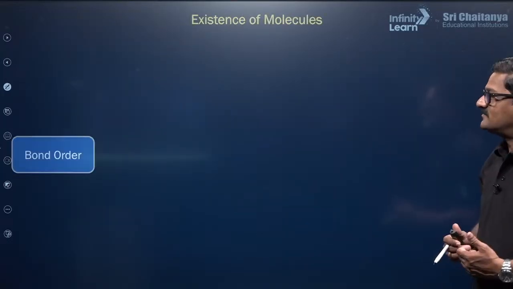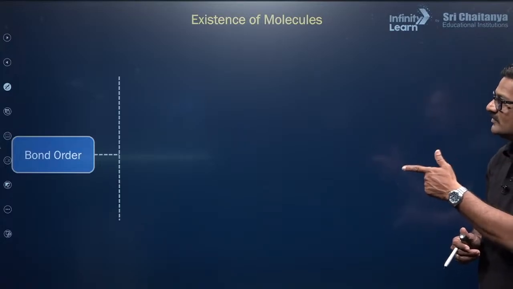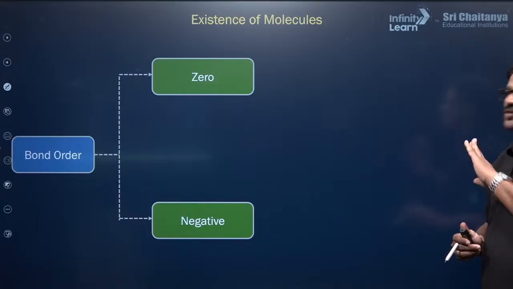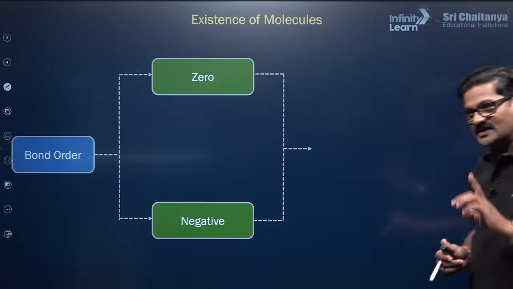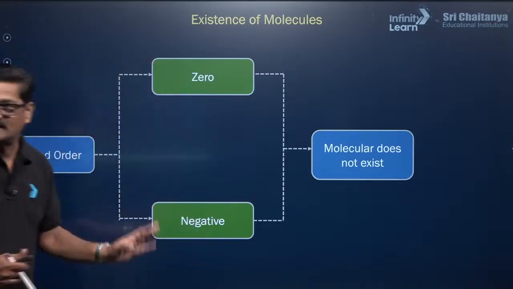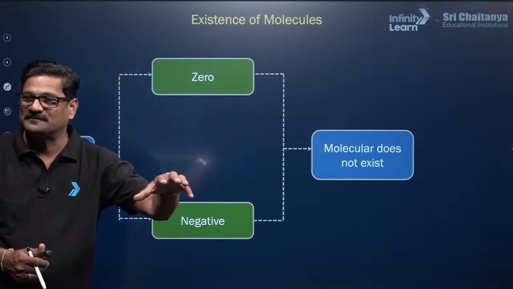So for the existence of a molecule, if you know the bond order, you can tell. If it is 0 it does not exist, and if it is negative the molecule never exists, mind it. Bond order can tell you the story, right?